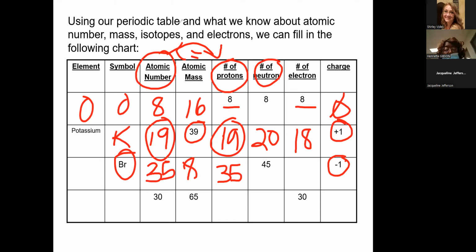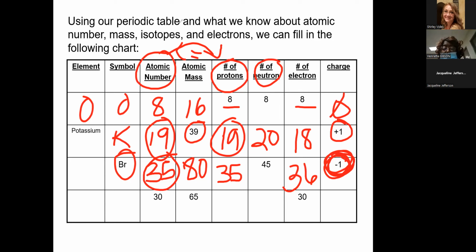Oh, no, 80, sorry. I said 70, but it's 80. Bromine is 80, because 35 plus 45 is 80. So we're going backwards this time. And then we have a -1. That means we gain 1 from the 35 that we had. So we have 36. You see that?